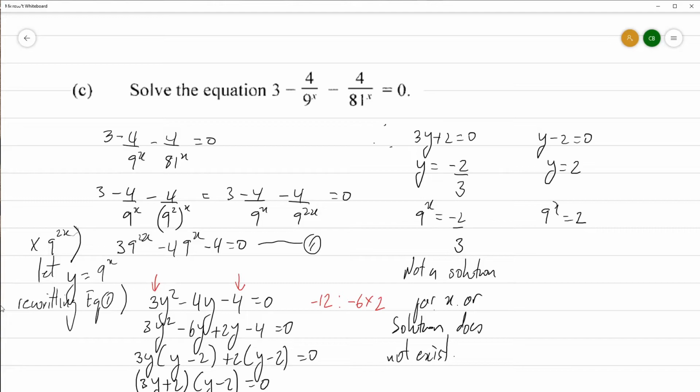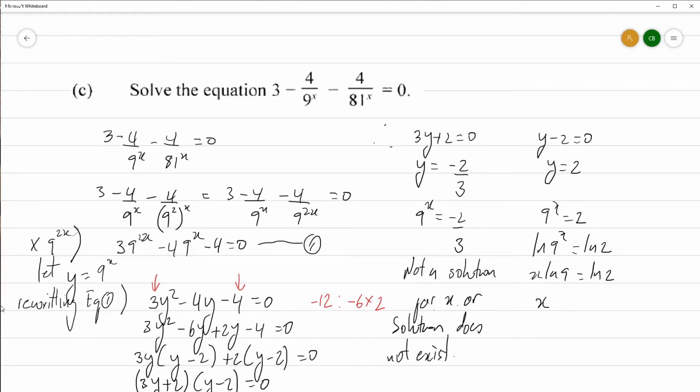We now look at this solution. So we have 9 to the x is 2. So you could say ln 9 to the x is ln 2. So x ln 9 is ln 2.